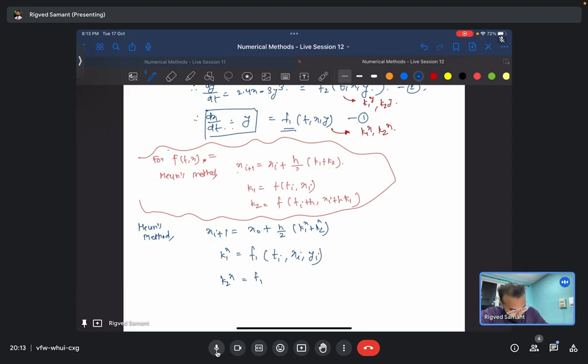The independent variable is just t i plus h, and then these two dependent variables: x i plus h into k1x, comma, y i plus h into k1y.